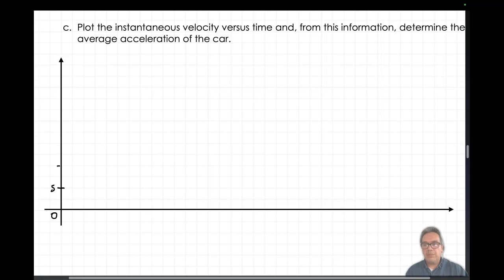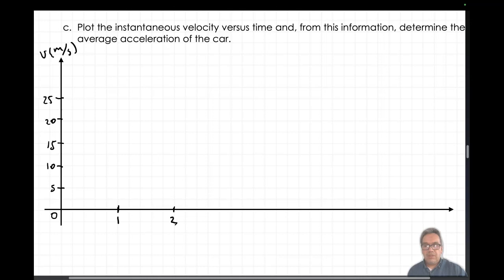This is 5 meters per second, 10 meters per second, 15, 20, and 25. And remember, this is now a velocity versus time graph. So this is your velocity in meters per second. Now your time can be drawn with exactly the same scale as the graph before.